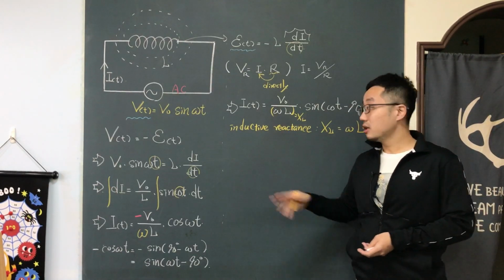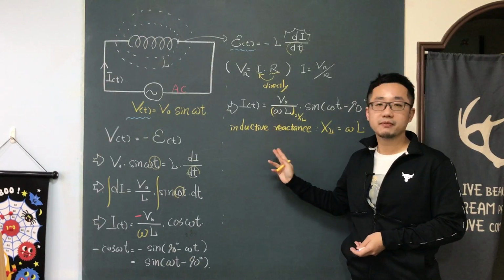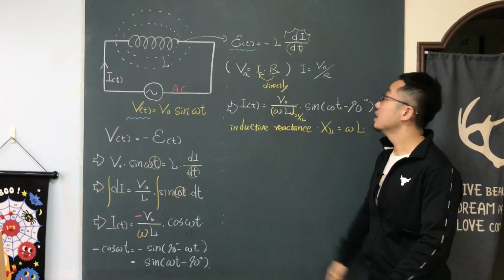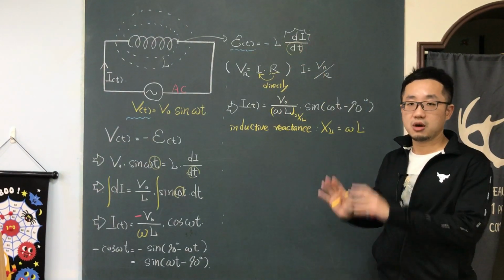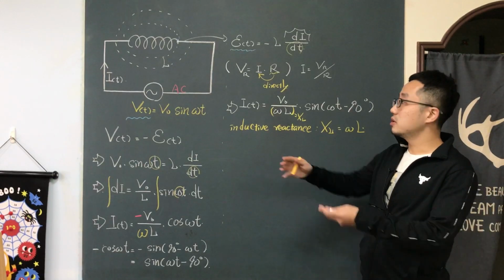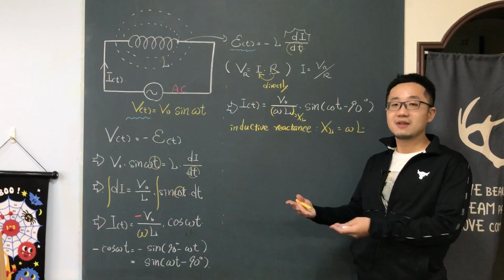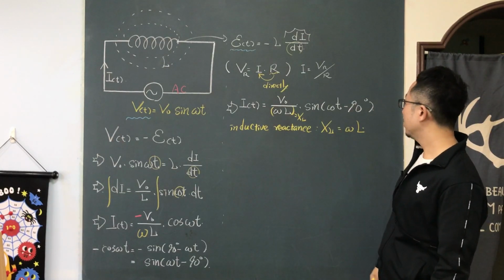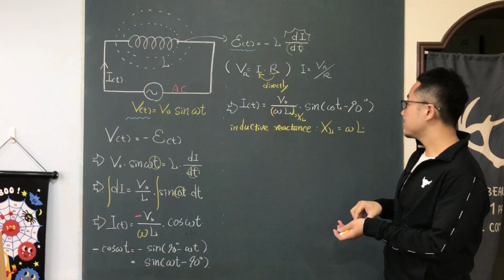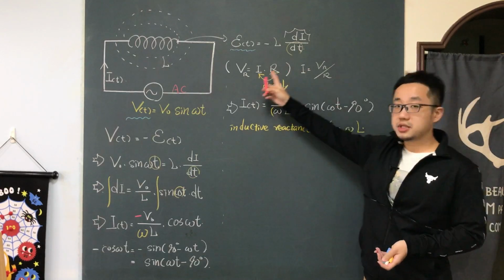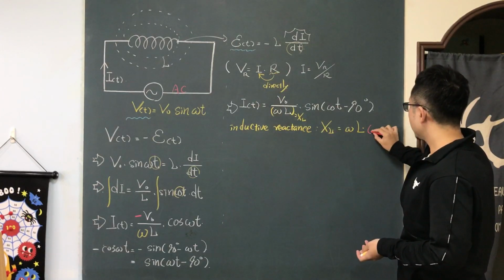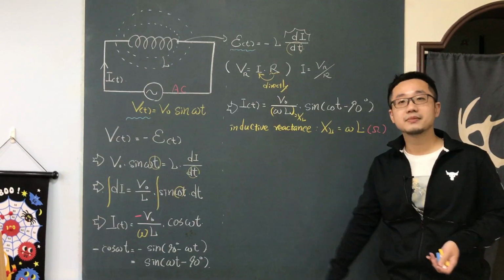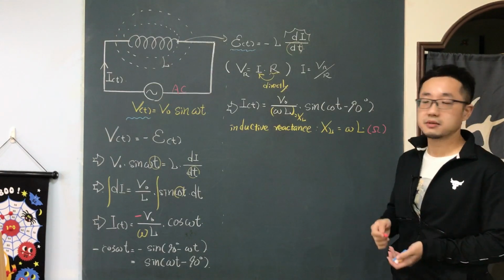In my mother tongue, it is called 感抗. It would like to oppose the change of the current. That is why the voltage across your inductor will not be in the same phase with the current passing through it. Since this is so much like resistance, the unit is also ohm, just like a resistance.